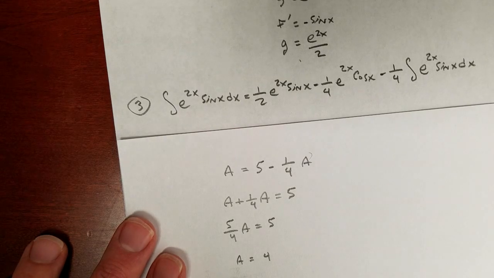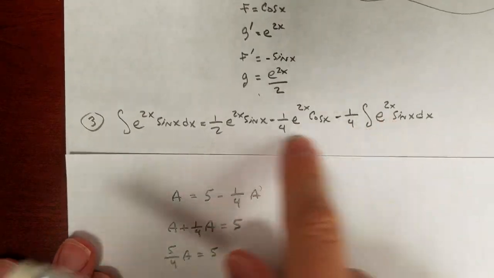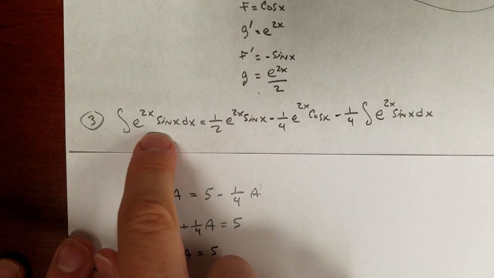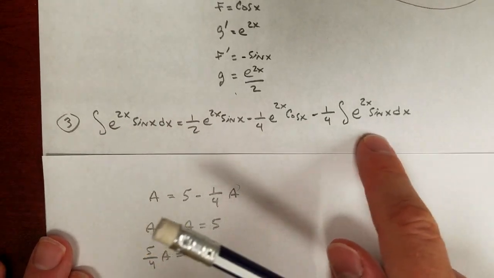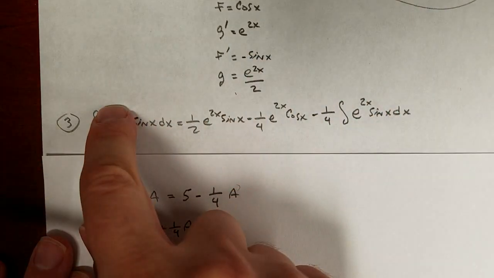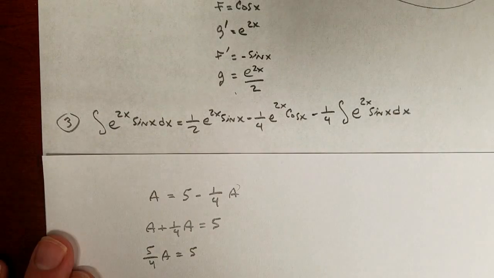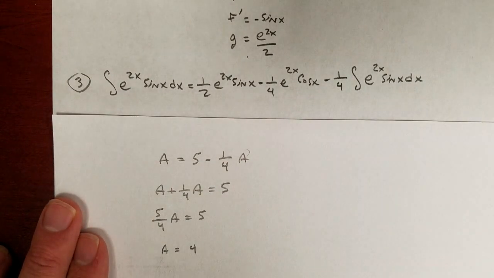Okay. So sure, you can solve it like that if you want to. It's just like this. If your goal is to tell me what the antiderivative of e to the 2x sine x dx is, take this term as a like term, move it over there, and then it leaves all these other terms on the other side, which become the answer. Just like it, same thing.